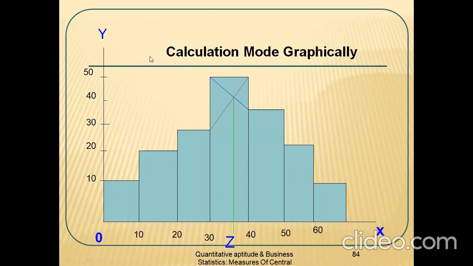Okay. Now the next important discussion here is symmetric distribution and skewed distribution. What do you mean by skewed distribution and what do you mean by symmetric distribution? Take a given distribution where all the observations are equal. Let me consider the observations as 10, 10, 10, 10, 10, 10. How many observations are there? 6 observations.